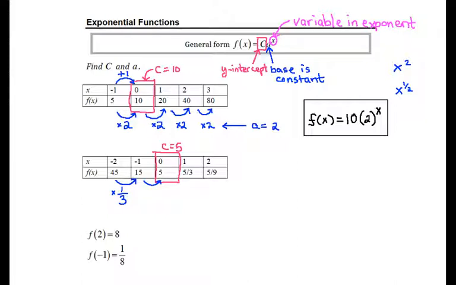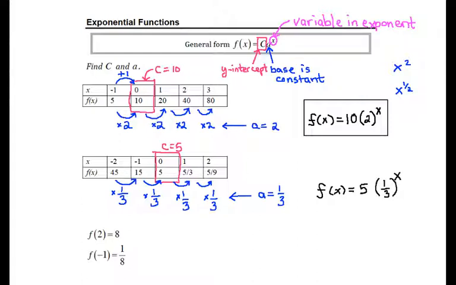And then I'll check to make sure that that rule holds throughout the entire table. 5 times 1/3 is 5/3. And 5/3 times 1/3 is 5/9. So we verify that in fact the base in this case, a, is equal to 1/3, and that our function f of x is equal to 5 times 1/3 to the power x.